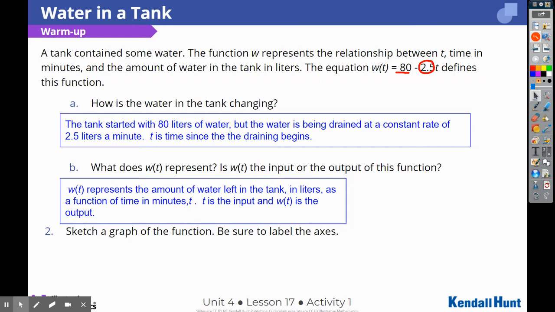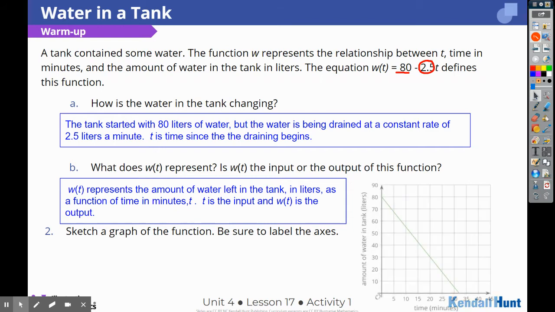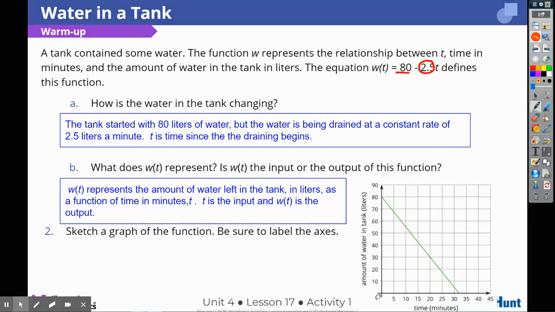That's what you get as your answer. Then you were asked to sketch a graph of the function and make sure that you labeled the points. So I had you plot 2 points, and those were your y-intercept at (0, 80), because we knew that we started with 80 liters of water in the tank. And then I gave you a hint that after 32 minutes, there was 0 water left in the tank.